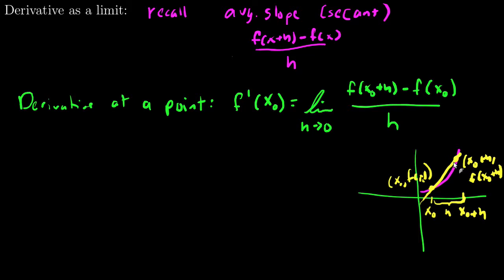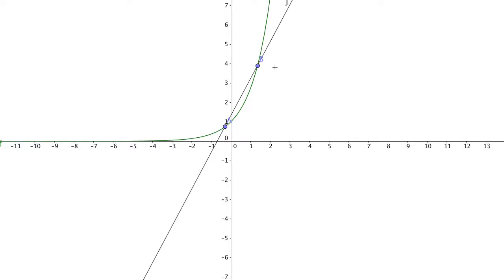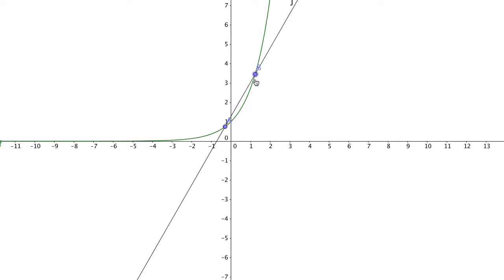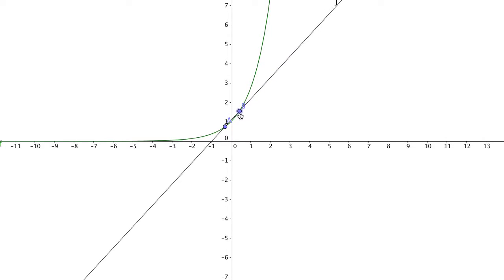I want to see what happens at an instant, not over some interval. So what I can do is move my points closer and closer together. As I move them closer together, you can see this line gets closer and closer to what the tangent line should be. But there's a problem.